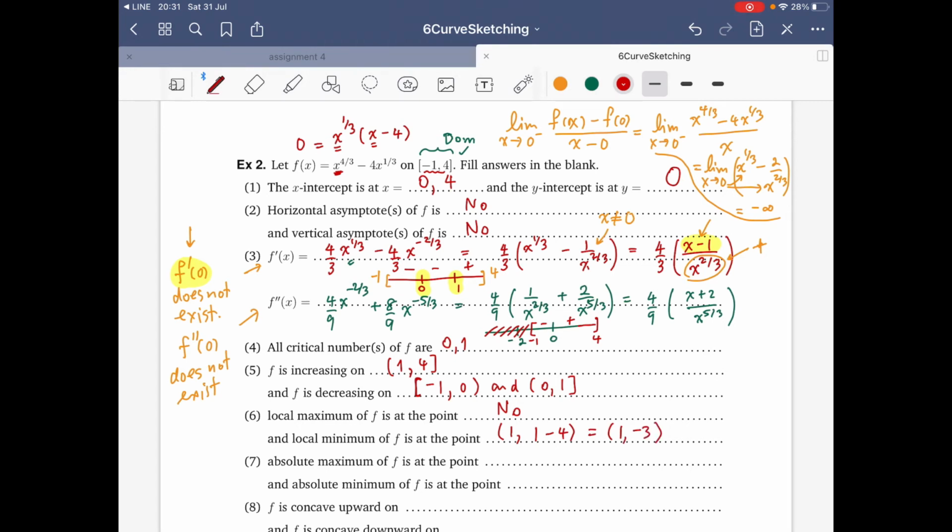Where's the absolute max? To find the absolute max, you need to look at the value at the endpoints as well.